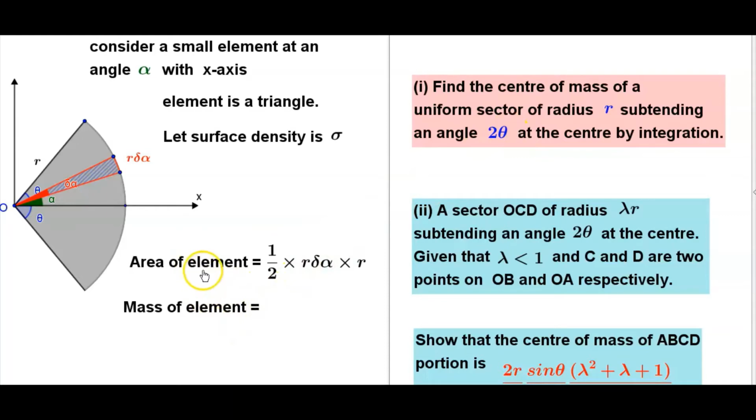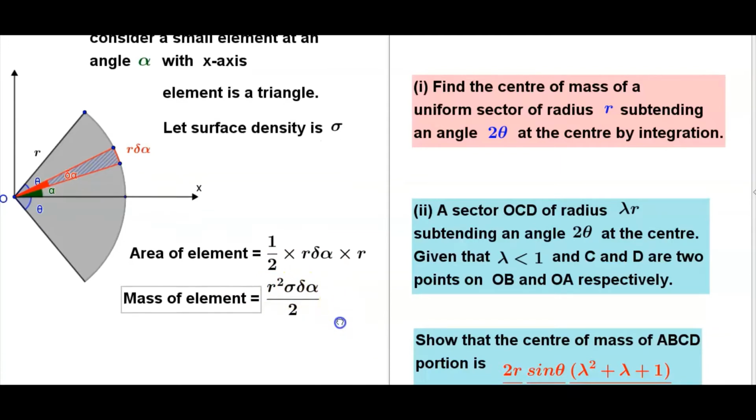To get the mass of this element, the area should be multiplied by the surface density sigma. Therefore the mass of this element is r squared sigma delta alpha by 2.